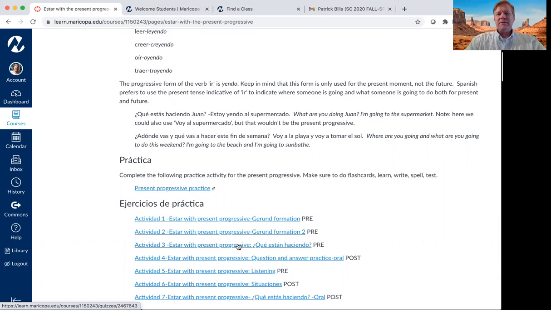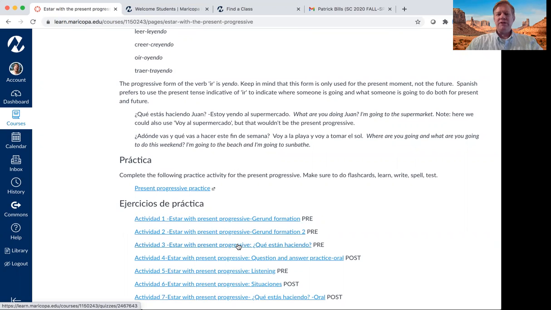So for instance, a typical example would be seeing a picture with different people doing different things. Let's say a beach scene and people are swimming, people are sunbathing, some people are reading, some people are talking. Describing what they're all doing in that picture, you would use the present progressive. ¿Está bien?